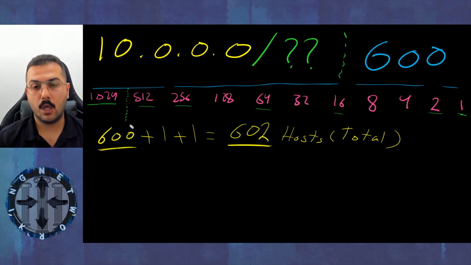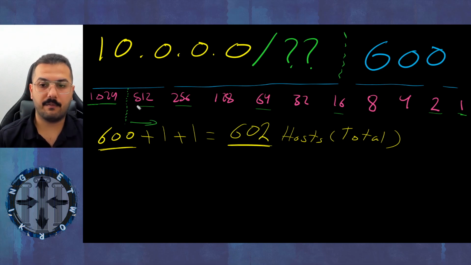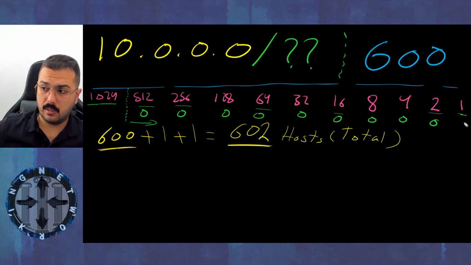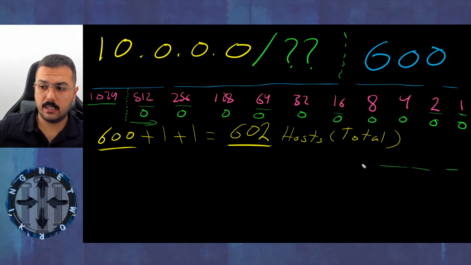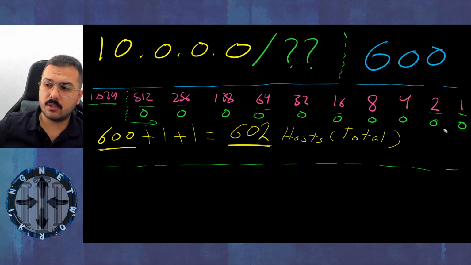Step number 5, whatever is on the right side of the line, fill it with zeros. 0, 0, 0, 0, 0, 0, 0, 0, 0, and a 0. Okay, this should lead to what exactly? What is your point here? My point is, how many zeros did you have? 1, 2, 3, 4, 5, 6, 7, 8, 9, 10.